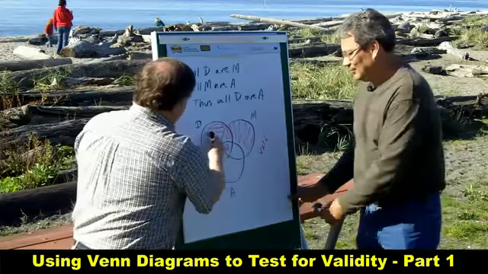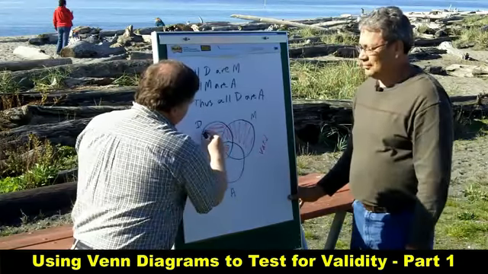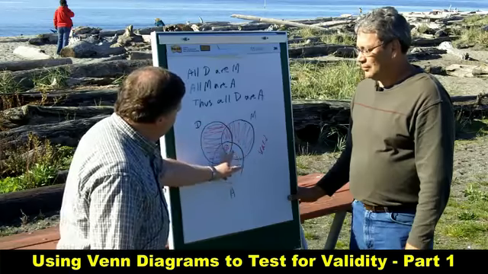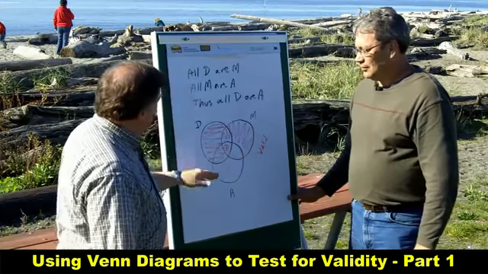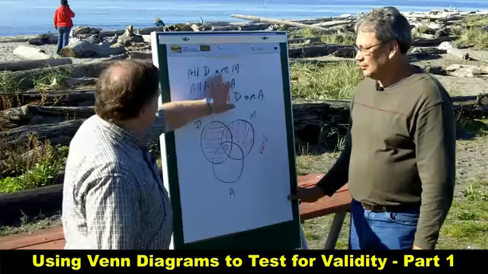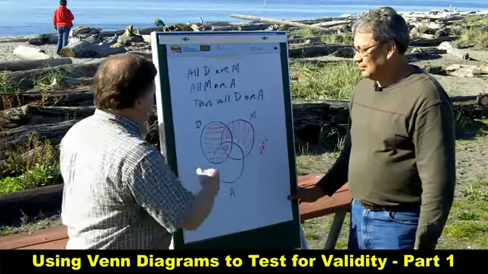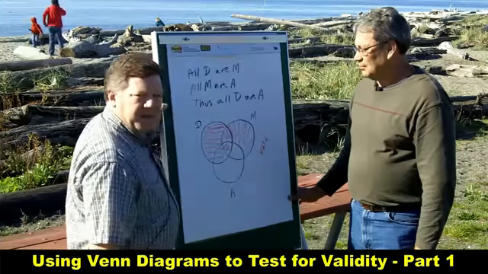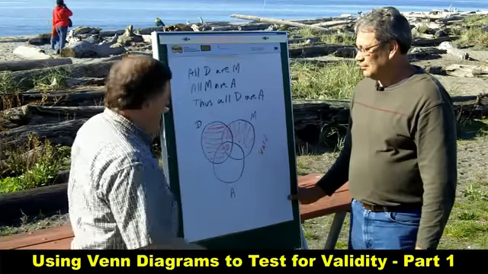So we're imagining that all the dogs in the universe are in the D circle, all the mammals in the universe are in the M circle, and Mark's first premise, all dogs are mammals. Mark began by entering that information into the diagram. Think of it as entering information into the diagram.